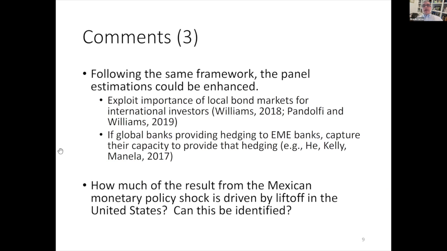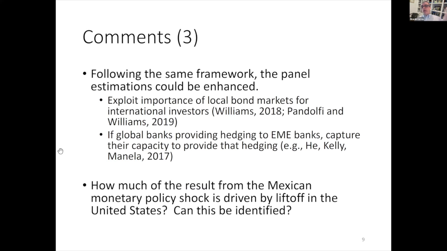And you can apply this to the panel framework as well. Explore the importance of local bond markets across the emerging markets. You showed that very nice initial graph, and we have read a lot of literature about how local currency denominated bond markets are booming, and there are foreign investors in there.